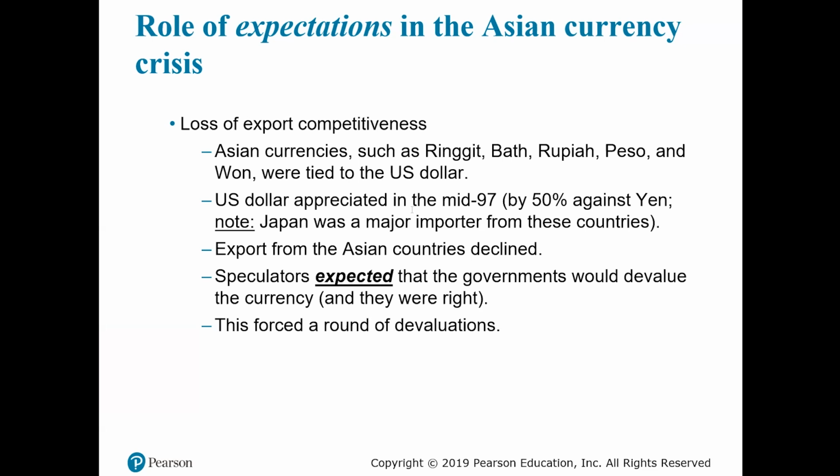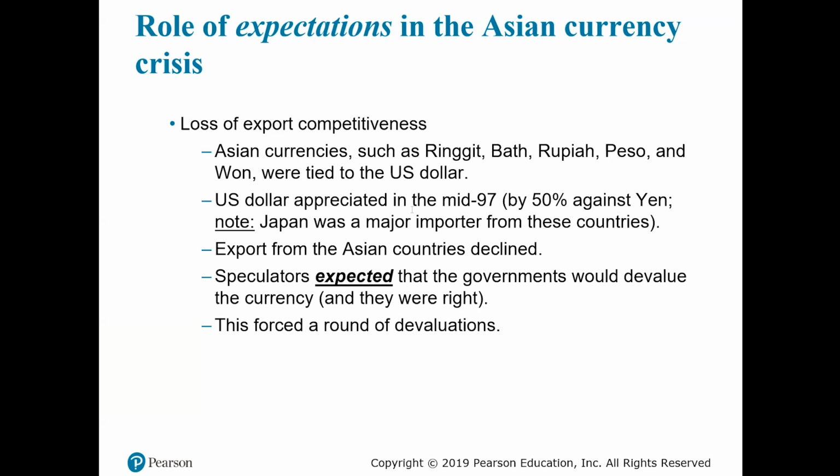Their values were tied to the US dollar. So the exchange rate between Malaysian ringgit and US dollar, for example, was fixed. But whenever the value of US dollar changed against other currencies, say against the pound sterling or Japanese yen, the value of Malaysian ringgit also changed against British pound sterling or Japanese yen.